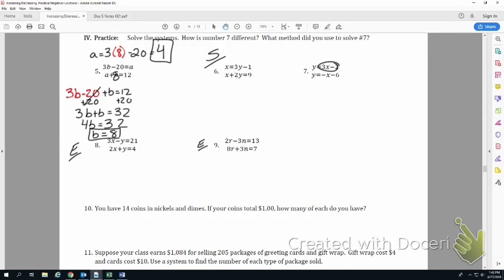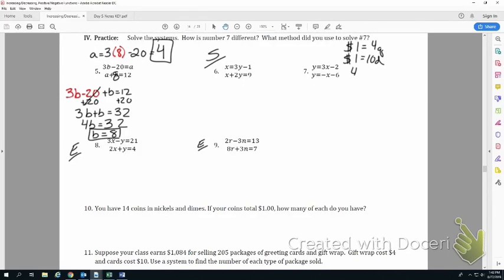Okay, and let me give you an example of this. Does $1 equal 4 quarters? Yes. Does $1 equal 10 dimes?